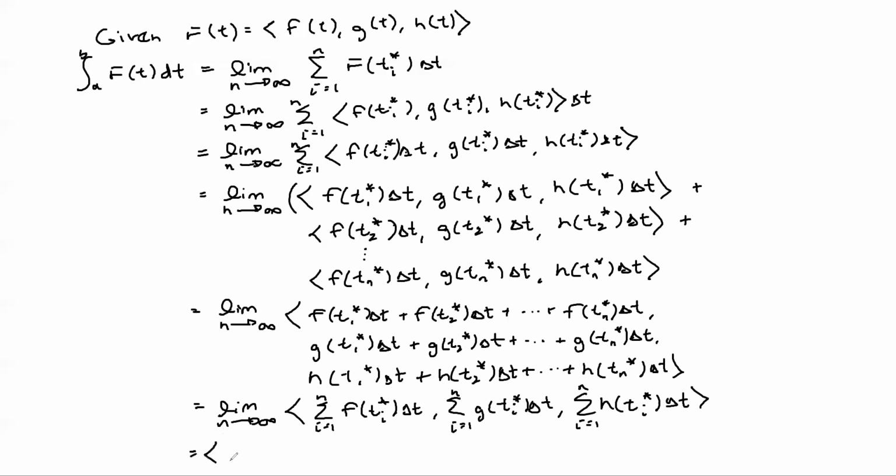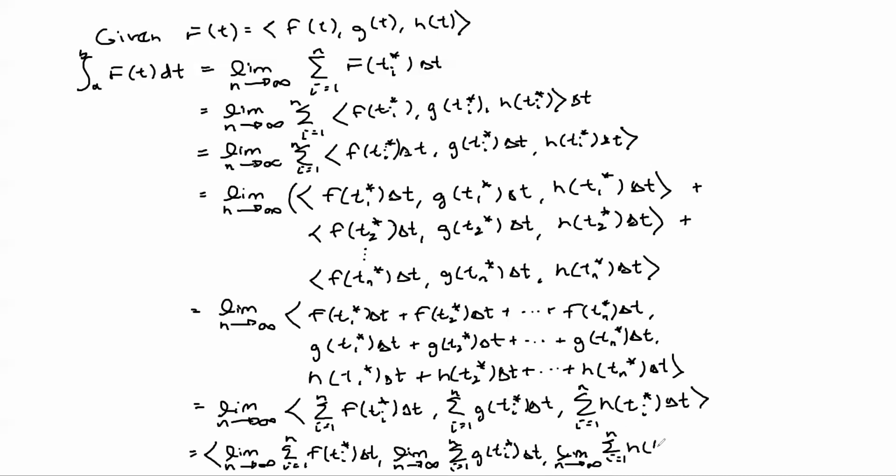And so we're going to end up with the limit as n goes to infinity of the summation i equals 1 to n of f of t sub i star change in t, the limit as n goes to infinity of the summation i equals 1 to n of g of t sub i star change in t, the limit as n goes to infinity of the summation i equals 1 to n of h of t sub i star change in t.